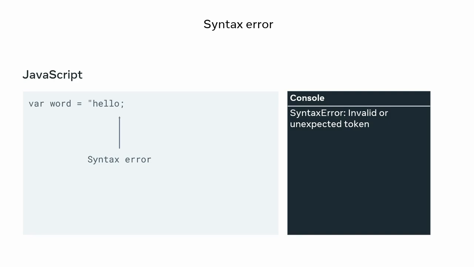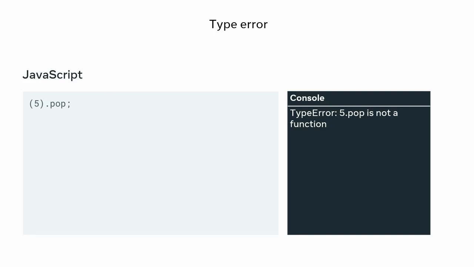For example, if you declare a variable and assign it a value of a string but forget one of the closing quotation symbols. Alternatively, suppose you try to run an array method on a number. For example, the pop method. In this example, a type error would be reported. Uncaught type error, 5.pop is not a function.